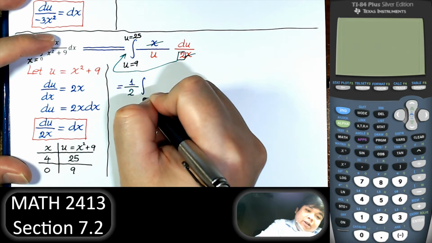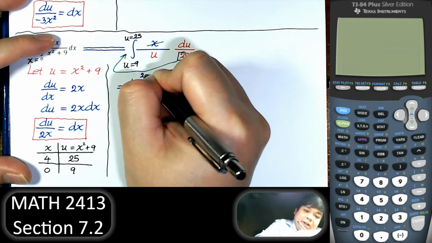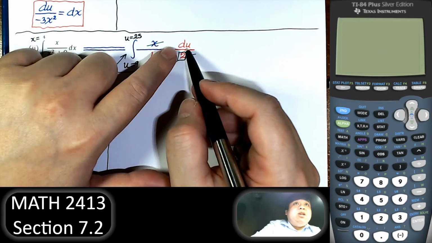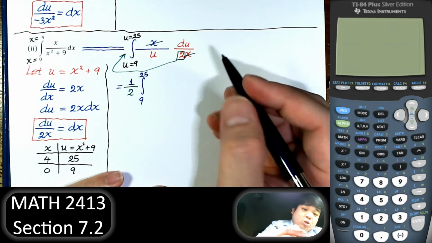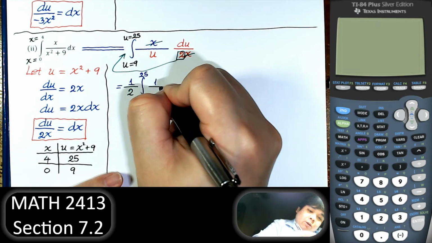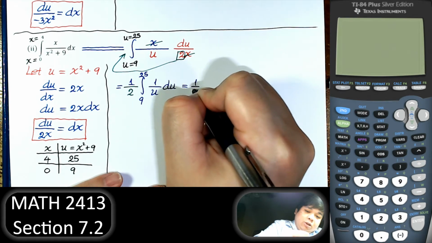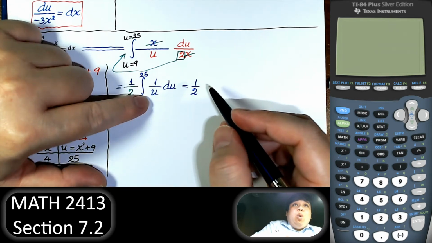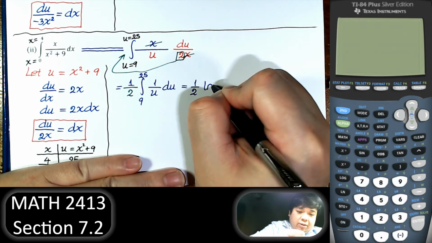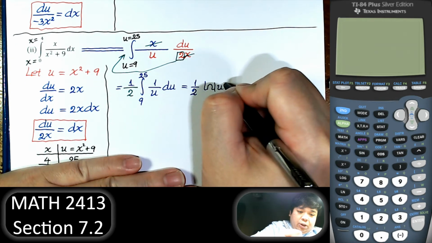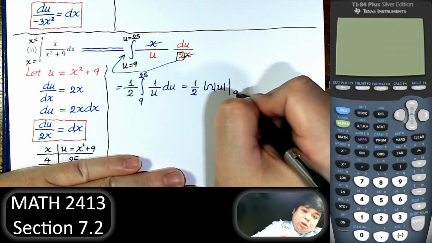And then we have from 9 to 25. If we know for sure the limit is for u, we just leave 9 to 25. 1 over u du. That gives us 1/2 times the integral of 1 over u, the reciprocal, which is ln of absolute value of u. That goes from 9 to 25.